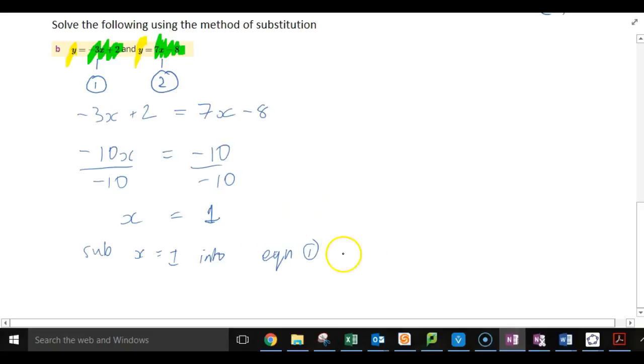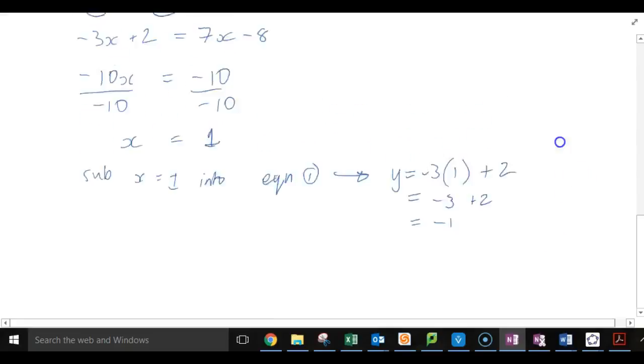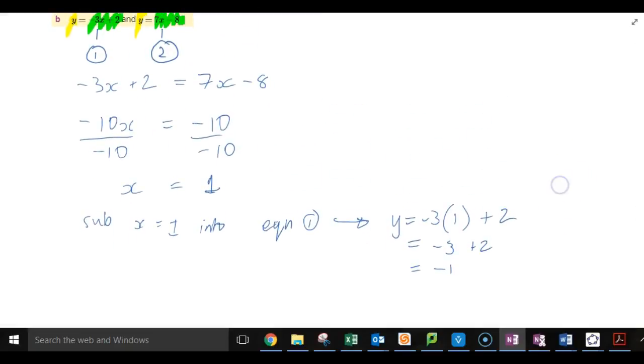So y equals negative 3 times 1 plus 2. That's negative 3 plus 2, which is going to equal negative 1. So the solution to these two equations would be x equals 1 and y equals negative 1. And that is the substitution method.